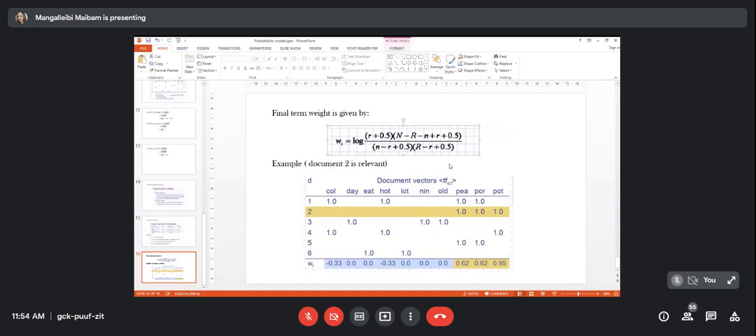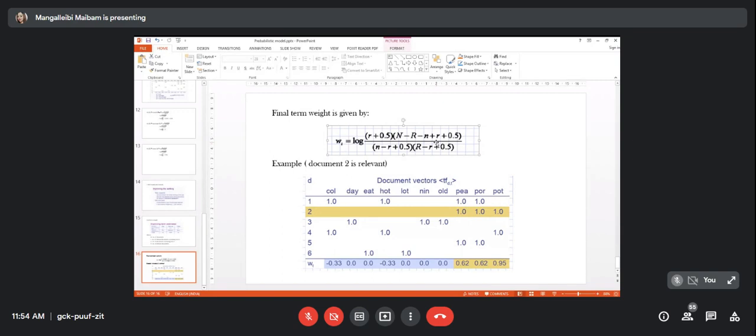Okay, the calculation will be the same, but here since we have two R's and two N's, one R is for relevant and one R is for frequency for the relevant document.